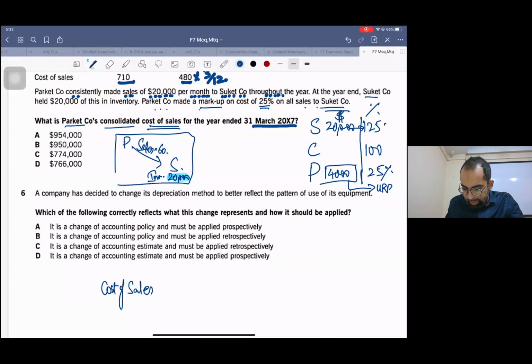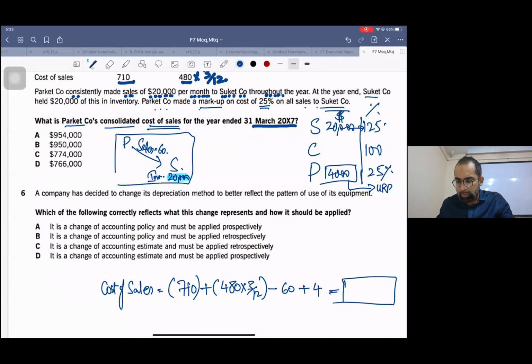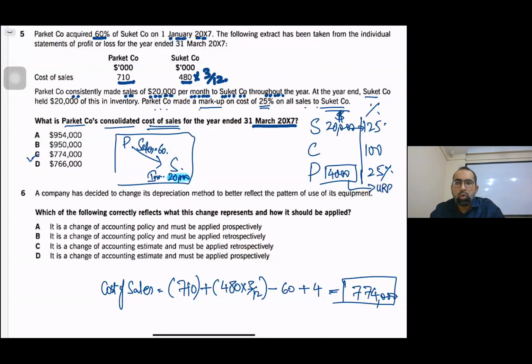For parent company, it's 710 plus 480 times 3 upon 12 less the 60 of sales after acquisition, and then plus URP of 4. So 710 plus 480 times 3 upon 12 minus 60 plus 4 is 774. They are asking the answer in thousands, so 774,000. C is the answer. Look at the screen. It's not difficult. It needs attention only.